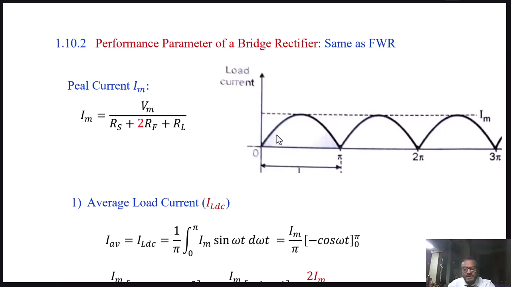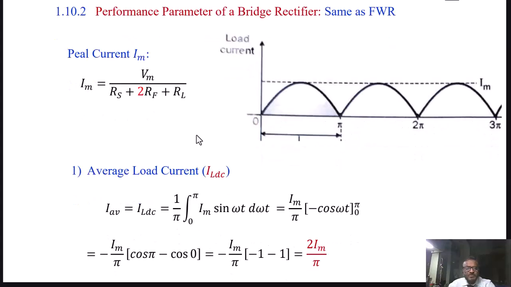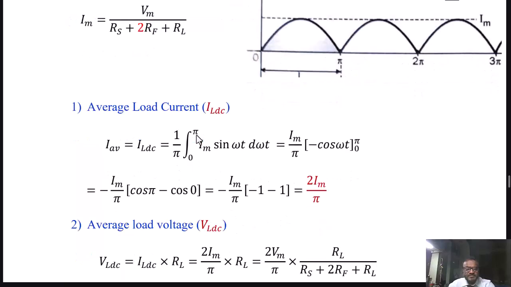Now, from this current waveform, we can represent the current waveform as Im sin of omega t from the interval 0 to pi. Similarly, the current is again Im sin of omega t from the interval pi to 2 pi, and that is the load current. Whereas the Im value, that is the peak value, is given by Vm divided by Rs plus twice Rf plus RL.